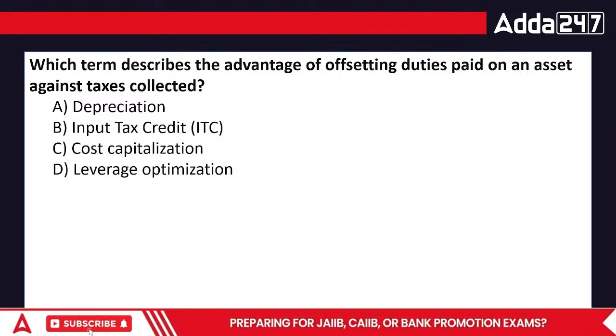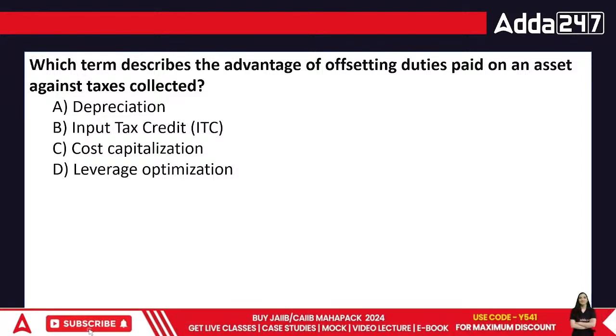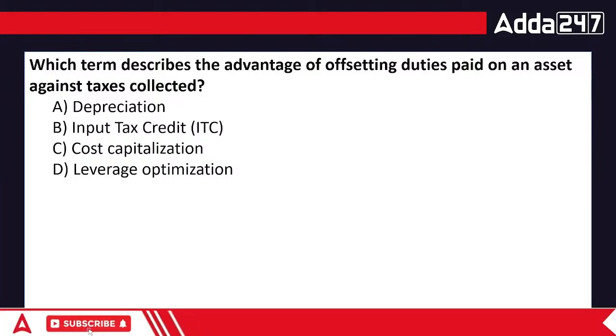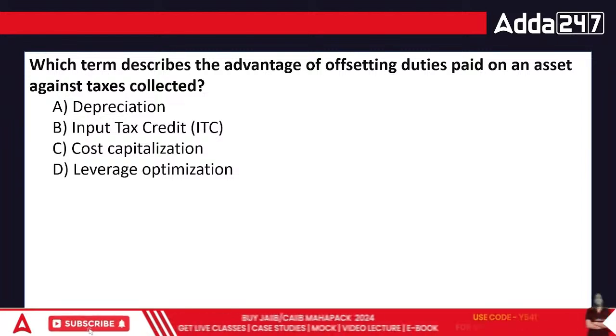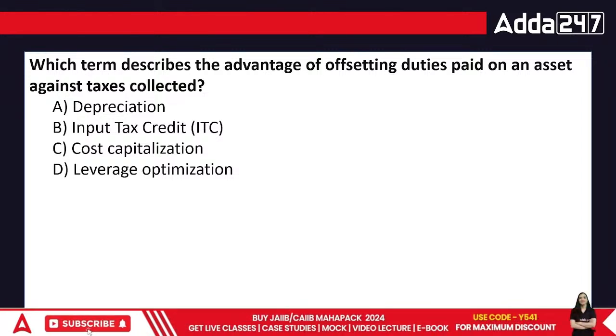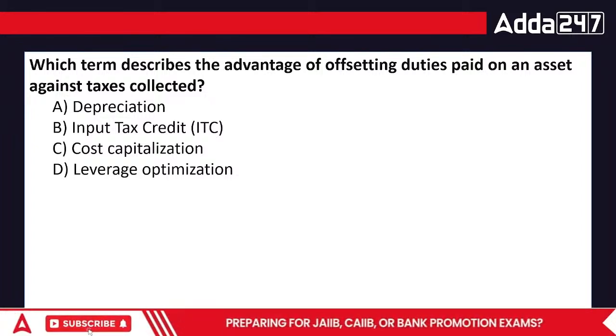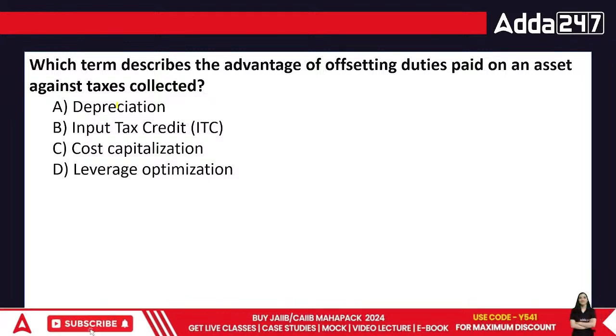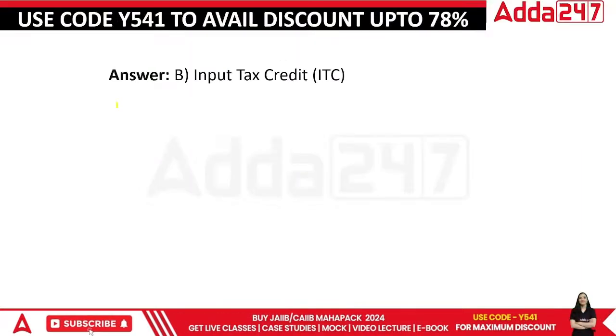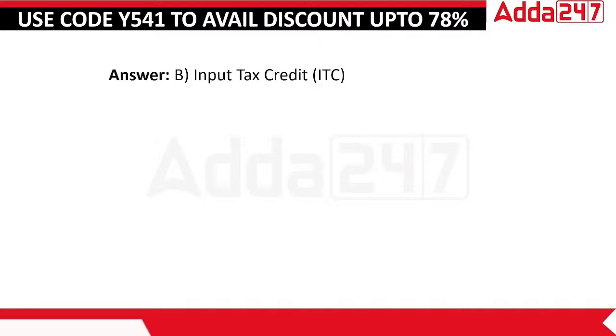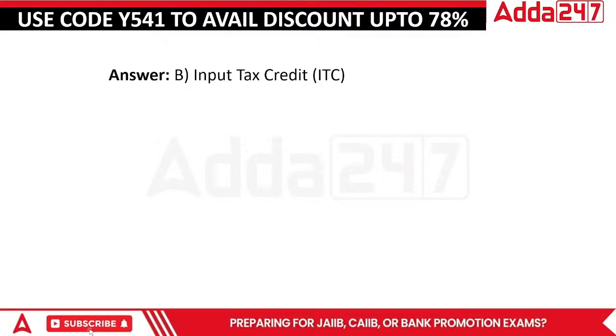They should be earning good money from that particular asset. Only then is that asset useful for the organization. Isn't it? So in this case, what's going to be the answer, everyone? When we talk about this specific area, the correct answer is input tax credit. Okay, the answer is ITC.